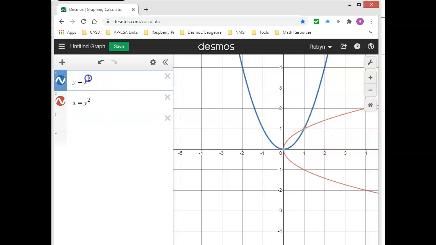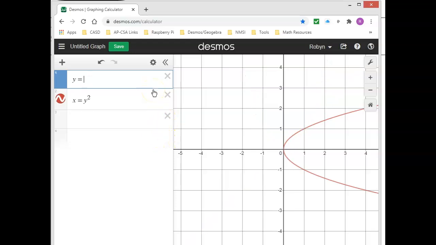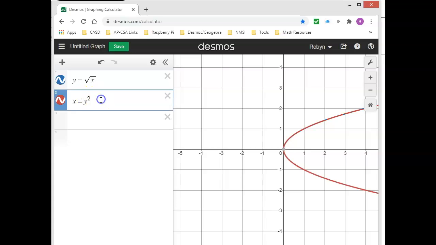Okay, if I change this, let's do y equals square root of x. And then I'm going to change it to x equals square root of y.